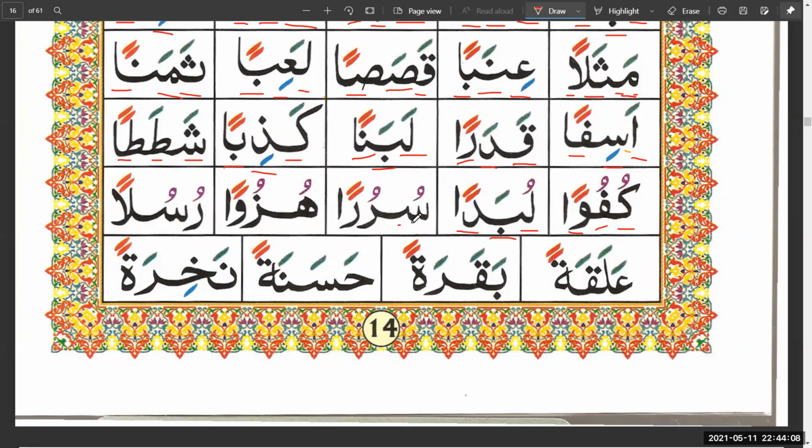Next one. Sin dhamma su, ra dhamma ru, and ra double fatha, or two fatha, ran. Su ru ran. Next one. Ha dhamma hu, za dhamma zu, and waw two fatha wan.